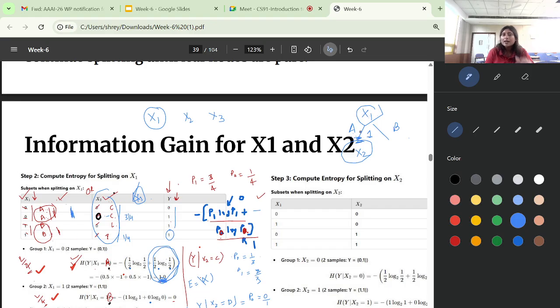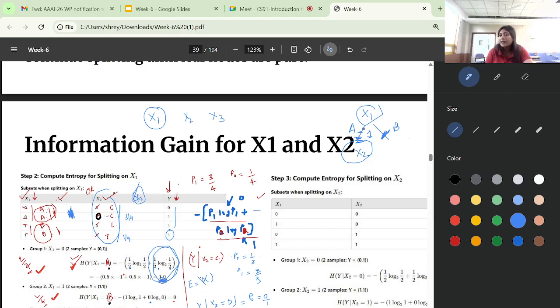Just think about this. If I have chosen this step and applied this condition, I will again calculate all these things for the remaining data. If I am choosing this, I will use only this part of the data, not the other part. If I am going in this direction, I will choose only the part where x1 is B. The other part I am not going to consider.